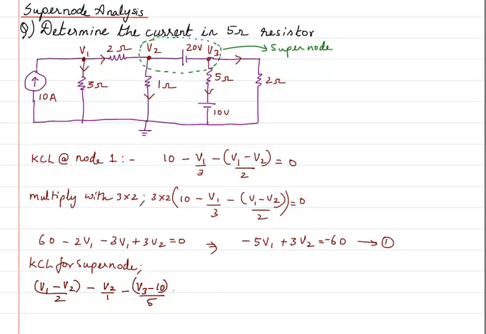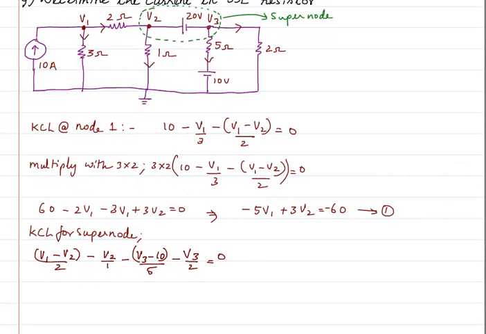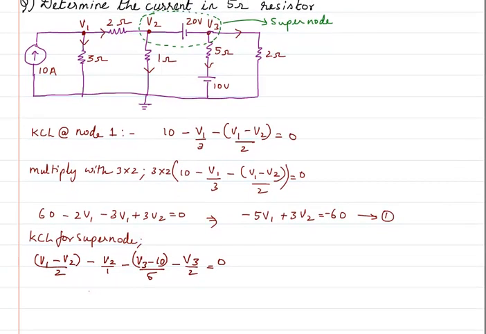That is also outgoing, so it was negative. Last one is also minus V3/2 is equal to 0. Now from this I can very clearly see that I need to multiply with 2 and 5.